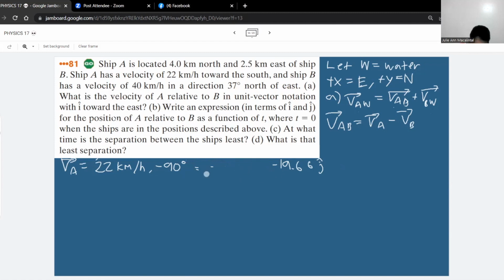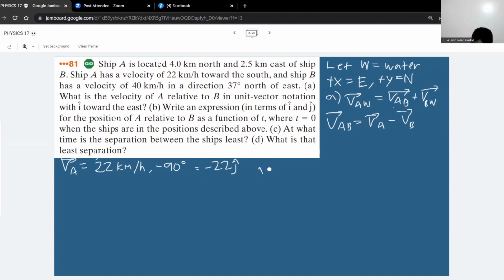Wait, bakit inano ng calculator mo na gano'n? Baka naka-radius na naman ako. Yun nga, suspect has been identified. Radius mode. Yun, negative 22. Okay.